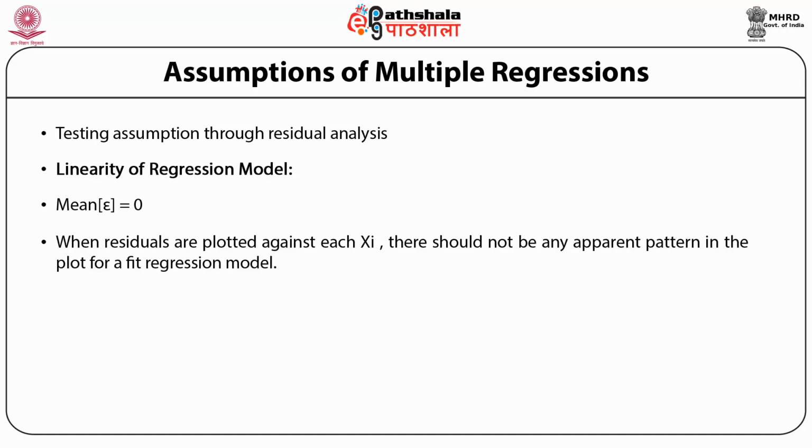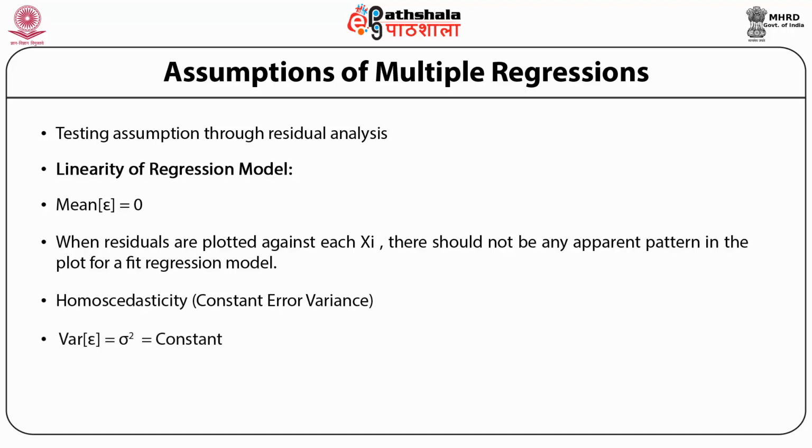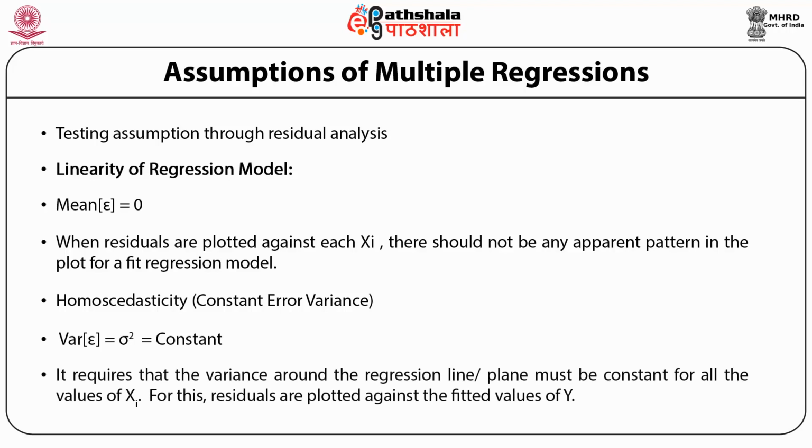The second important assumption is homoscedasticity. It is also termed as constant error variance. Symbolically, the variance of the error term is equal to a constant. It requires that the variance around the regression line or plane must be constant for all the values of the independent variables.